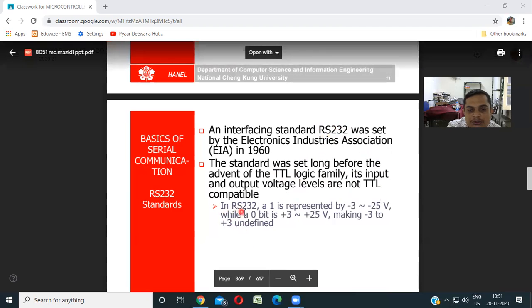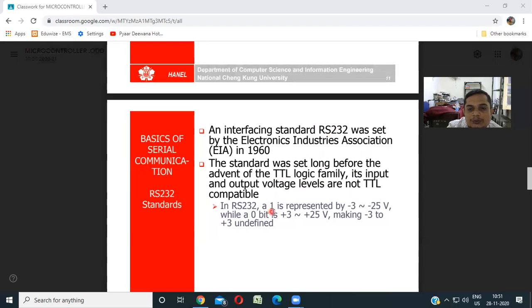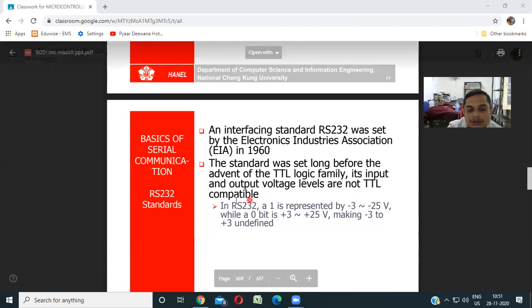Here you can see in RS232, a 1 is represented by -3 to -25 volts. If a 1 is received, then the 1 is converted to -3 volts to -25 volts. These are the voltages generated in RS232.